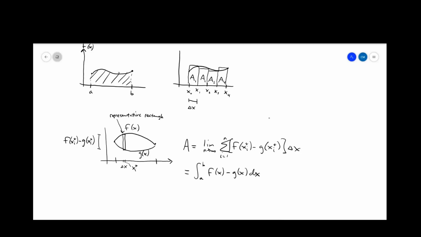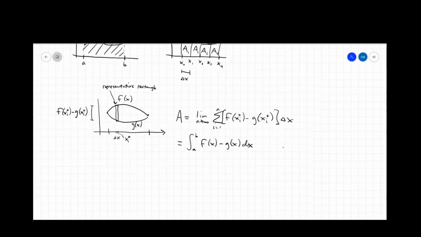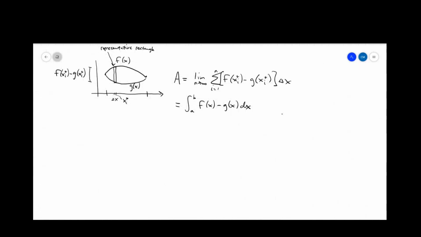It did matter if some of the function was, say, above the x-axis and some was below, right? So does that matter here? Like, what if part of one of these functions was below the x-axis? Does that matter as far as finding the area between the two curves? Yeah. Do you have an opinion on that?